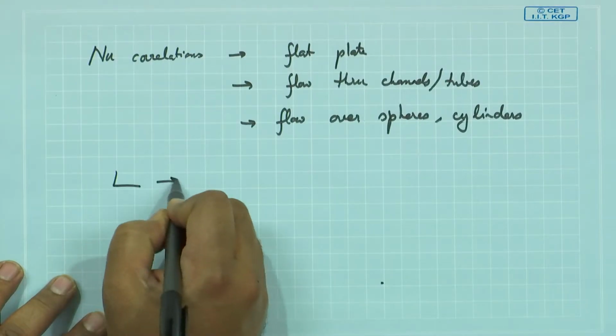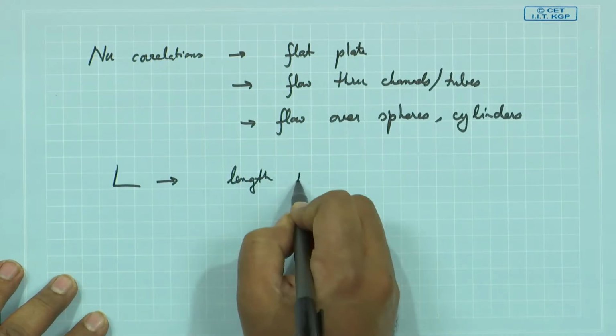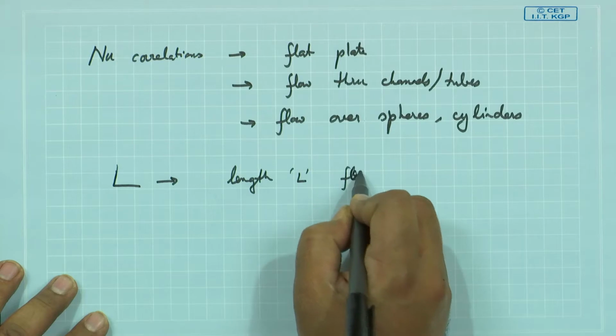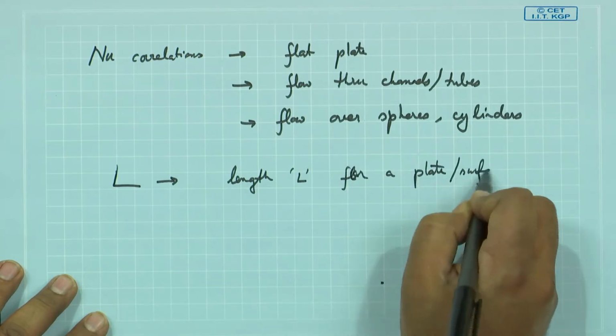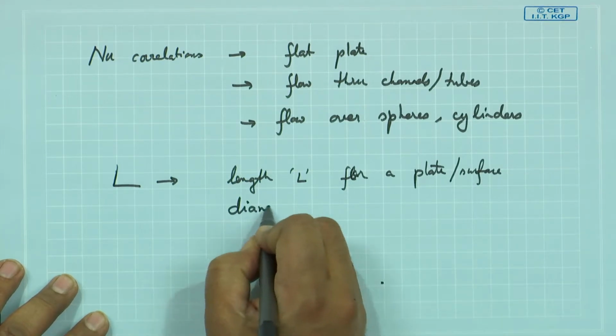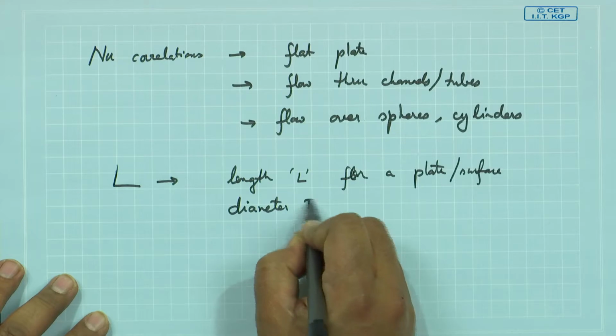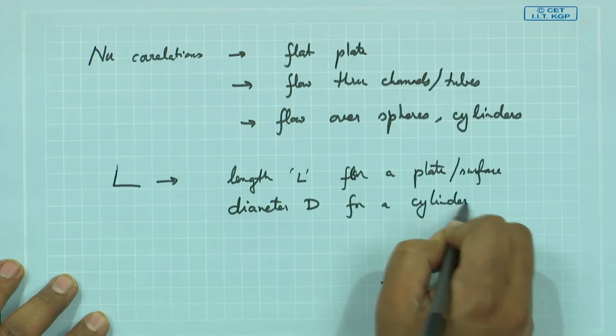The last note I want to make is this length scale L many a times is length L for a plate or a flat surface, diameter d for a cylinder or sphere.